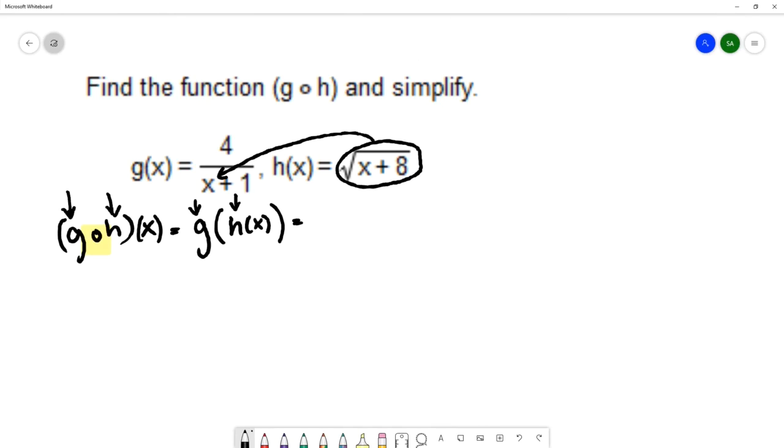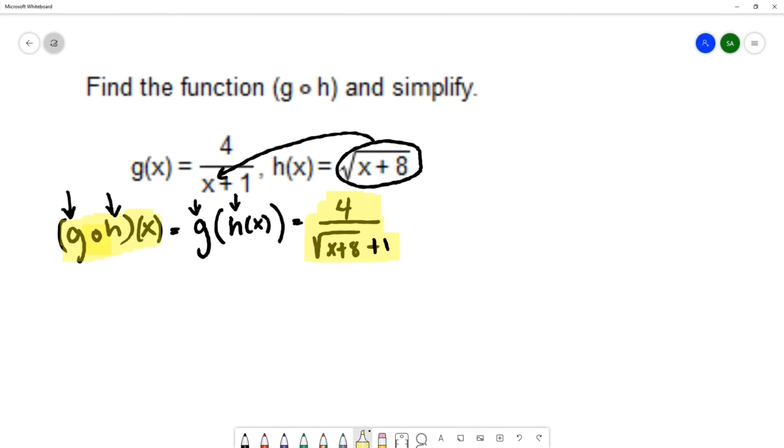So that would look like 4 over square root of x plus 8 plus 1. So we found that g composed with h of x is 4 over square root of x plus 8 plus 1.